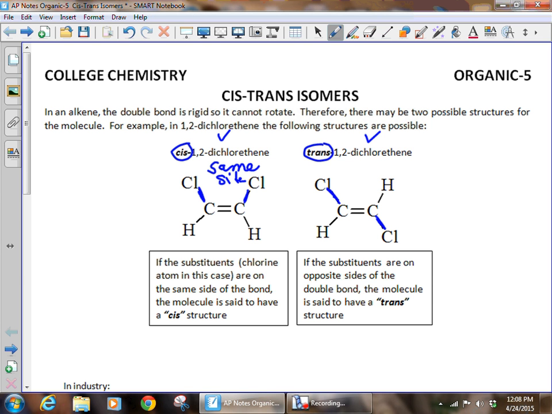Same side. On the second structure, notice that the chlorines are on opposite sides. And because they're on opposite sides, we call them trans. I think of across the Atlantic. They're across from each other, transatlantic, across the Atlantic. So that's how we name them.